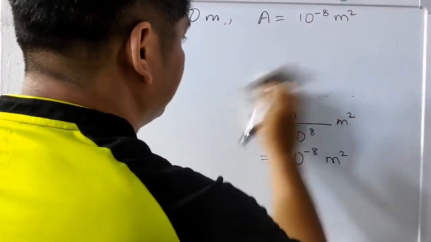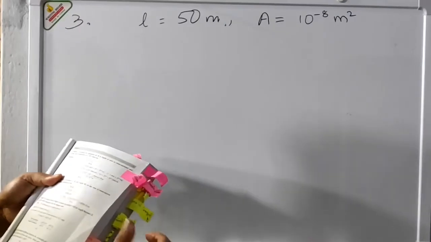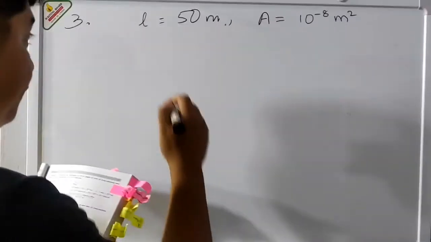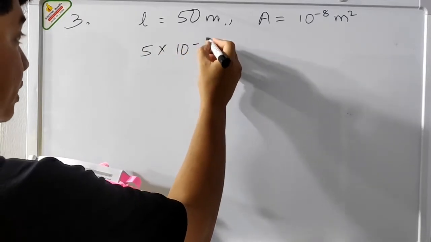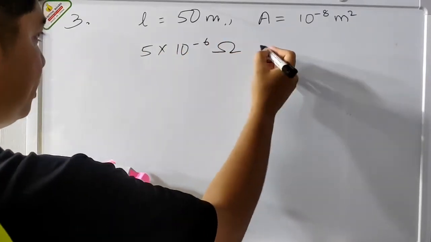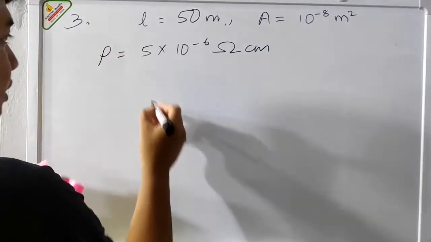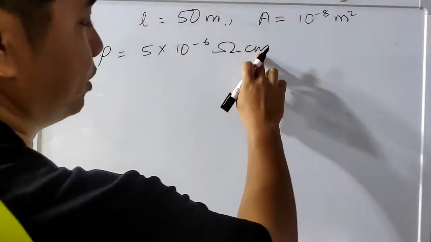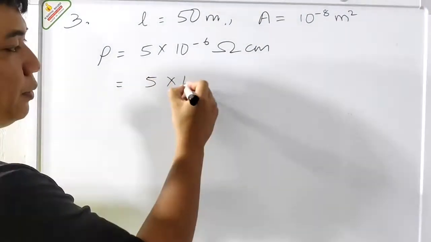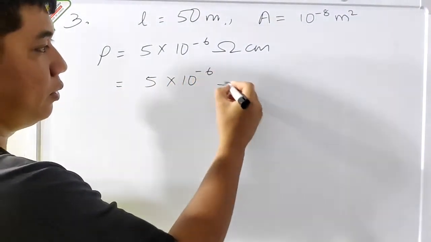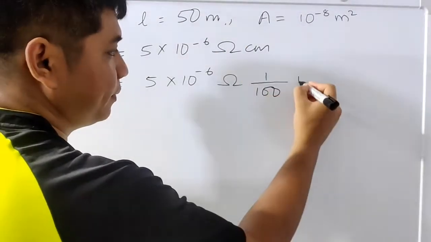Then about the resistivity, it is 5 into 10 to the power minus 6 ohm centimeter. Here we need to convert it again. 5 into 10 power minus 6 ohm, 1 centimeter is 1 by 100 meter.